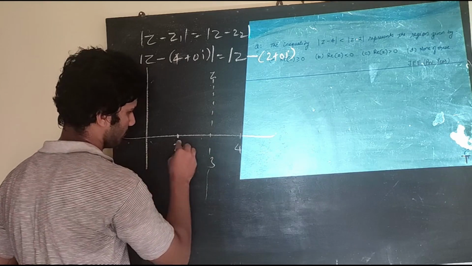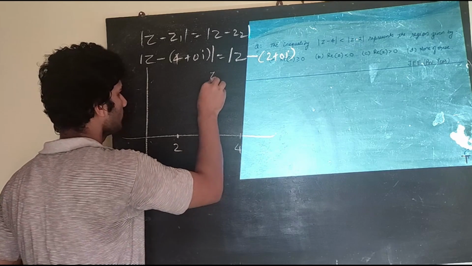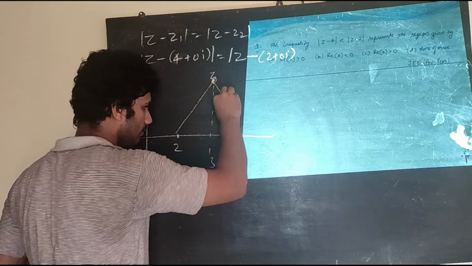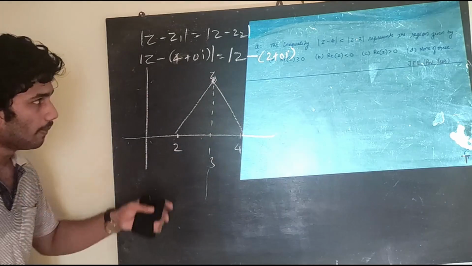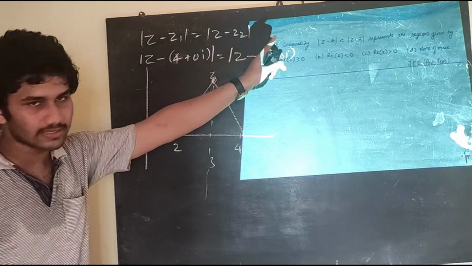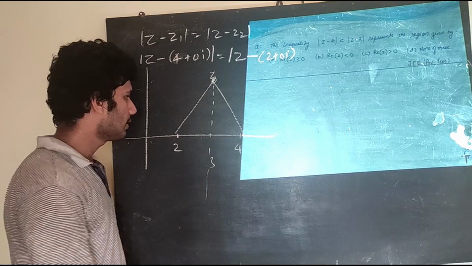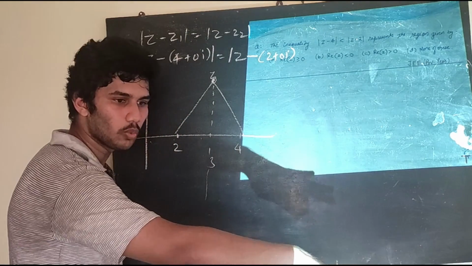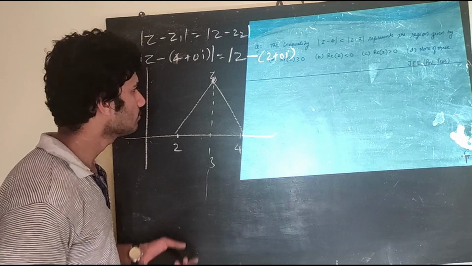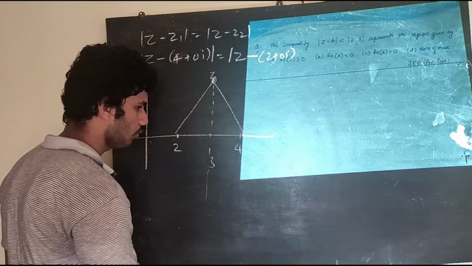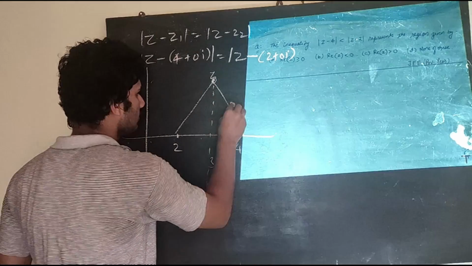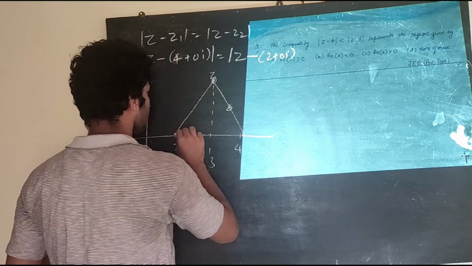That is 3. So z lies somewhere over here. This distance will be equal to this distance. But it is said that the distance of z from 4 is less than the distance from 2. That means z is away from 2 but nearer to 4. That implies, right? So z lies somewhere over here. Let's see.